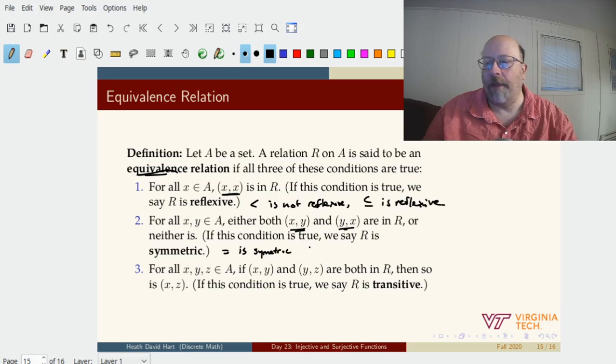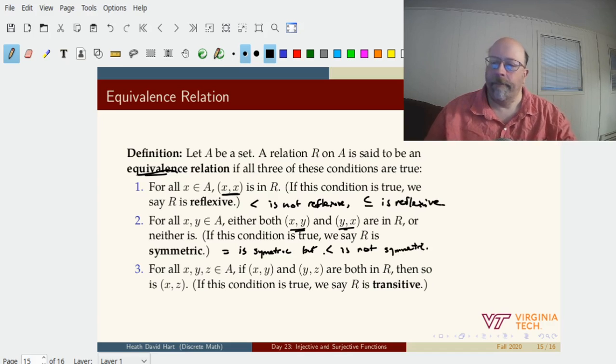The order of the x and the y doesn't matter. But once again, less than is not symmetric. 3 is less than 5, but then I can't switch the order and say 5 is also less than 3. Only one of those orders is true.